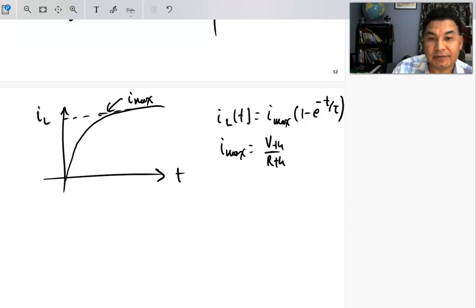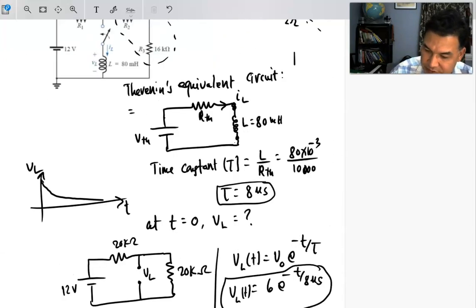Eventually, once the current becomes maximum, the inductor simply works as a closed circuit. Inductor doesn't have any resistance, so the inductor simply works as a closed circuit. So this should be the maximum current in this circuit.